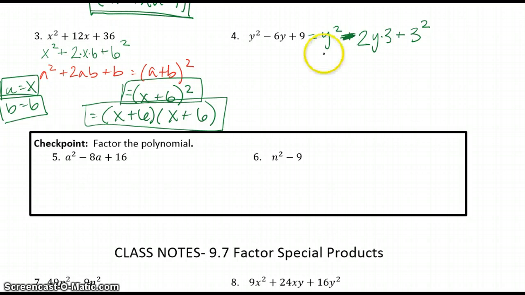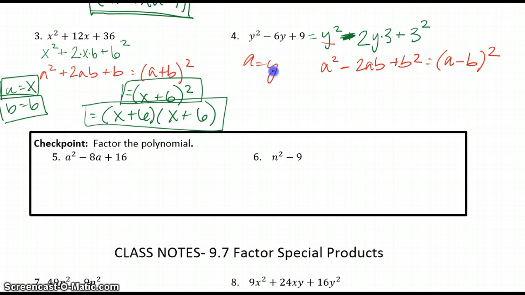So, we look and see this is really similar to a squared minus 2 times a times b plus b squared. And our rule tells us that the factors then must be in the form a minus b squared. Here, our a is equal to y and our b is equal to 3.